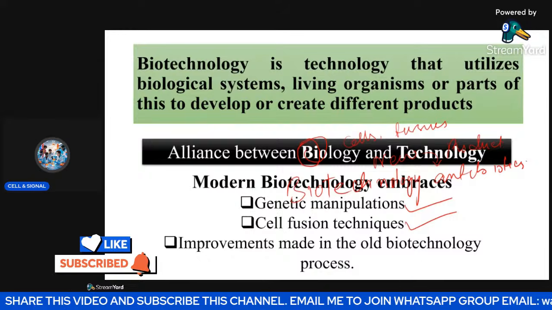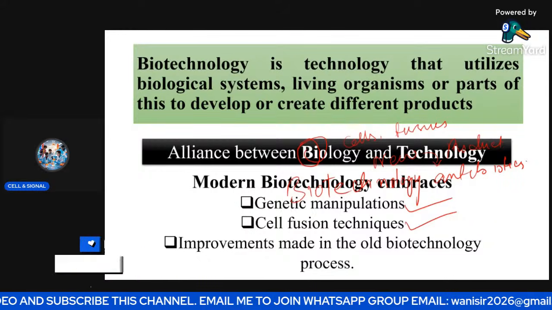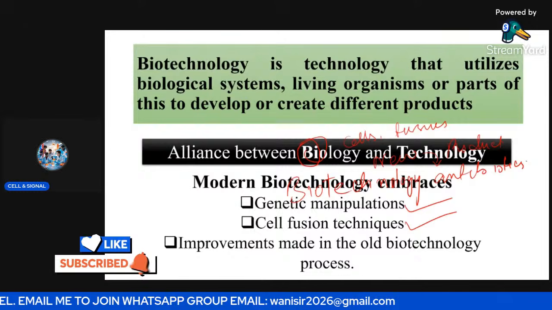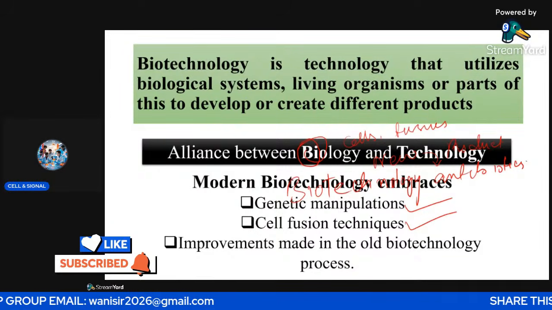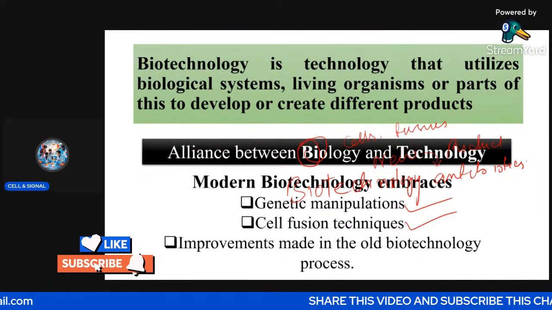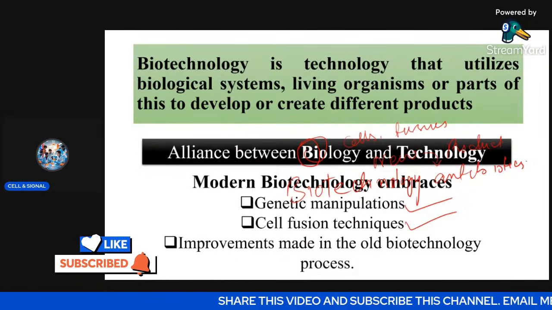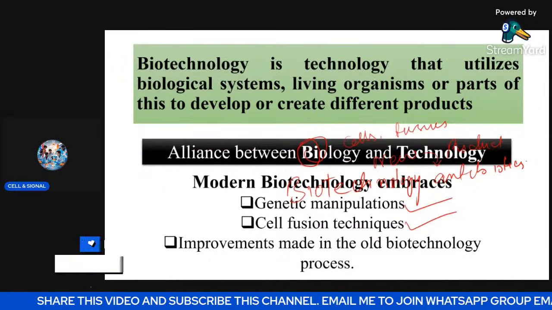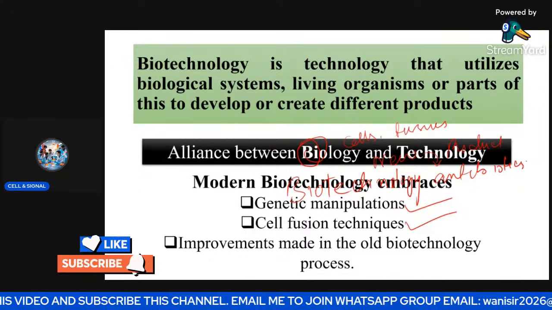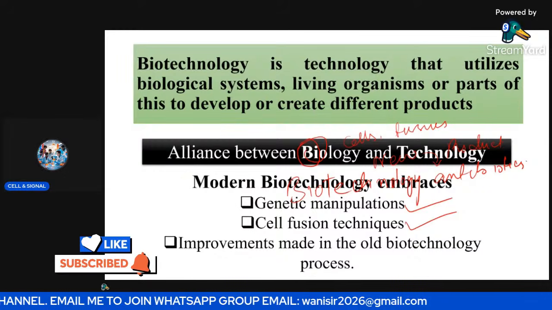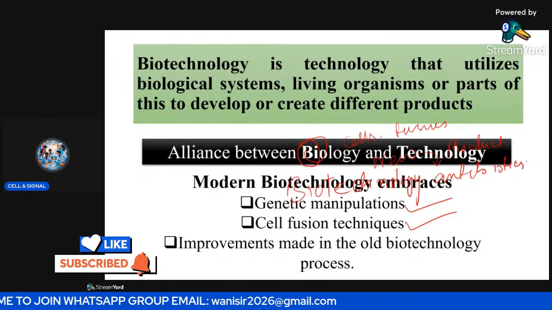Now with the new technology being utilized in this, where organisms or their parts are being utilized. For example, a new biotechnology is CRISPR-Cas technology, where we perform the deletion of any unwanted gene so that the disease can be completely removed from the cell if there is a mutation in that gene, or we can introduce a new gene there.